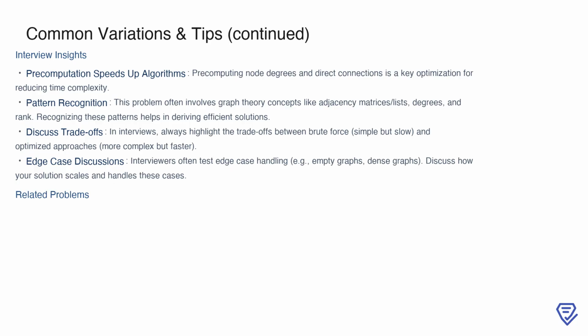While brute force solutions are simpler to implement, they're often too slow for larger inputs, whereas optimized approaches are faster but may require more complex logic. Additionally, be prepared to discuss edge cases. Interviewers often use these scenarios, like empty graphs or densely connected graphs, to test how well your solution scales and handles unusual inputs. Showing that you've thought about these aspects demonstrates a thorough understanding of the problem.